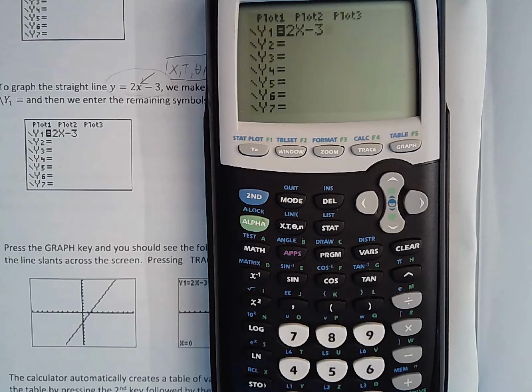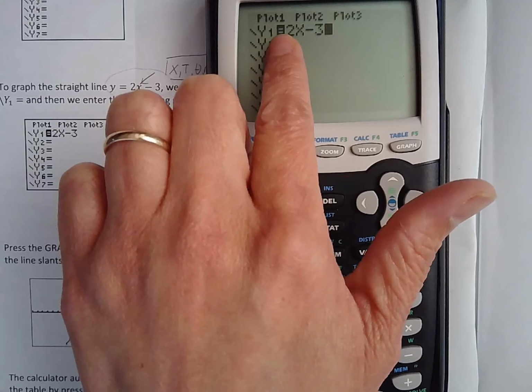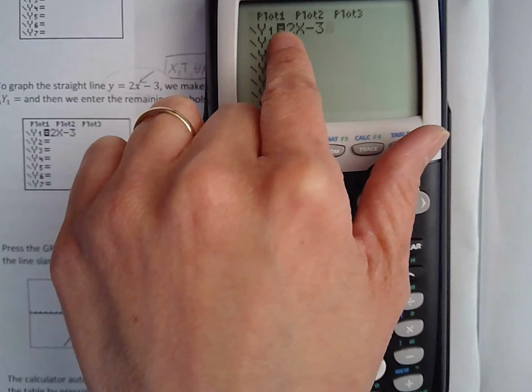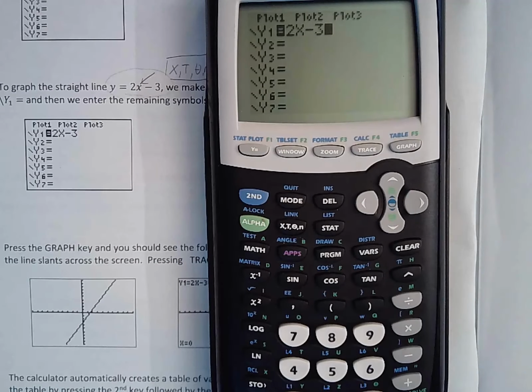What is the value of the slope? 2, right? The 2 tells us the slope. What is the value of the y-intercept? Minus 3. So we enter that, and then press graph.